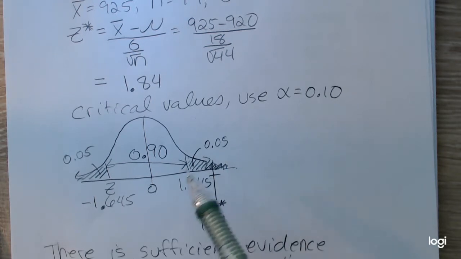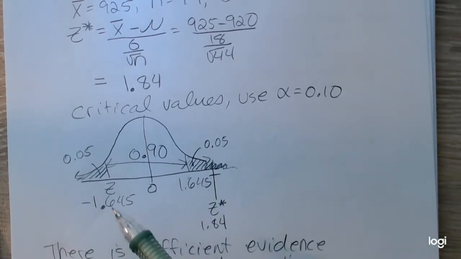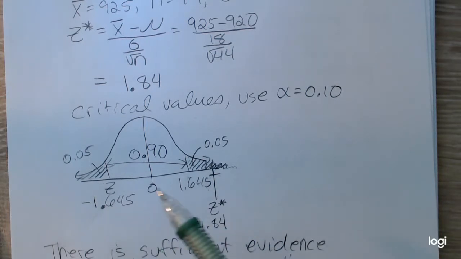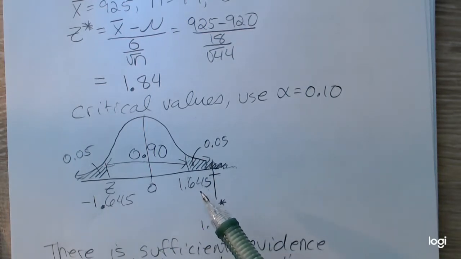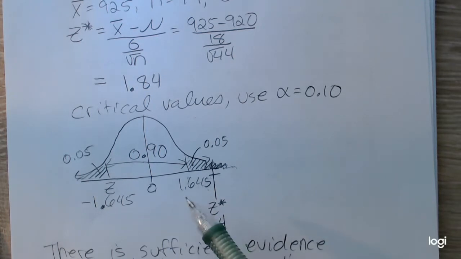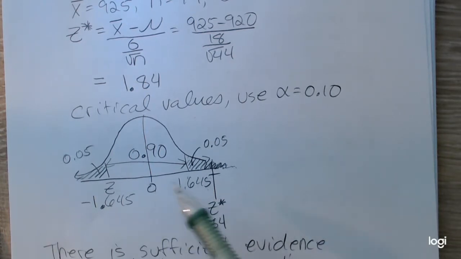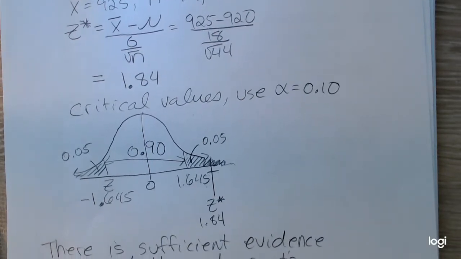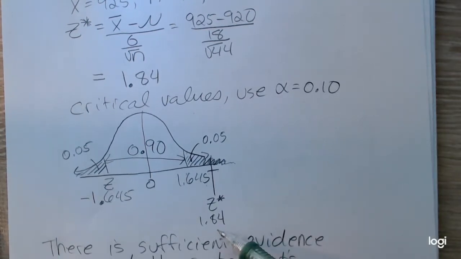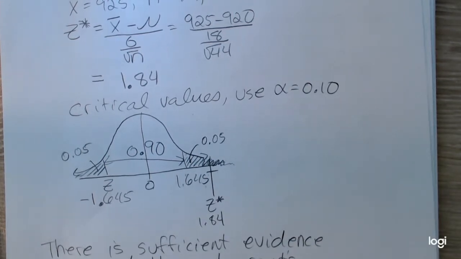I used my inverse normal function on the TI-84 to find the lower critical value, and then by symmetry, the upper critical value is the same value in terms of distance from zero. And then our decision, because our test statistic was greater than this upper critical value, our decision was to reject the null hypothesis and conclude that there was sufficient evidence to reject the restaurant's claim.